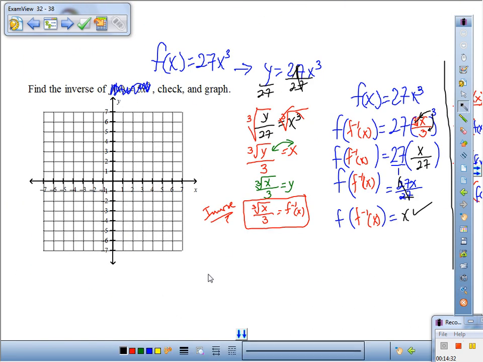So to graph it, my inverse is here. I'm gonna write my f of x right here equals 27x cubed. So to graph that, I'm gonna make a table, x, f of x.